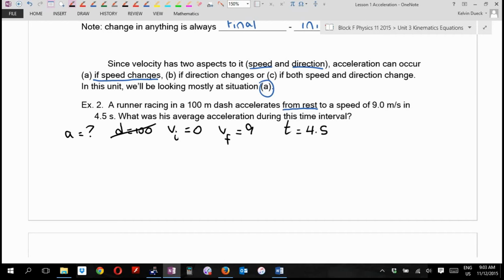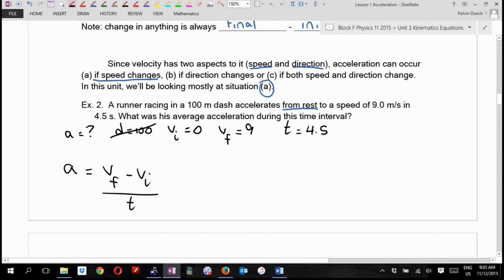Now I'd be looking for an equation that has A, VI, VF, and T in it. There is one. I think it's right up there. It says this. Yes? You may recall in my DFIC approach, it's list your data, find a formula. We've done that.